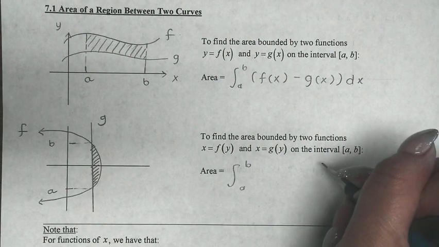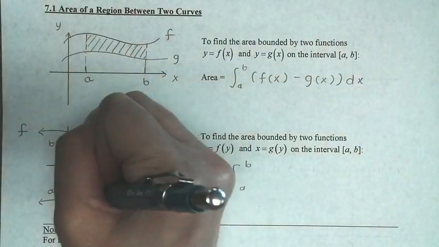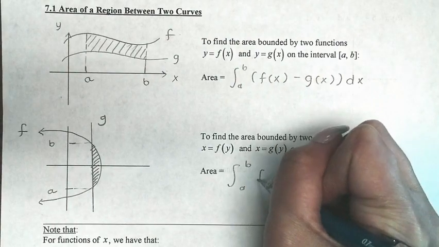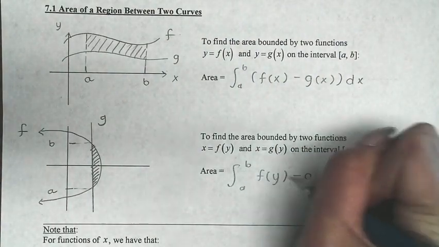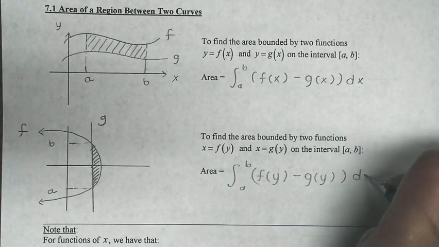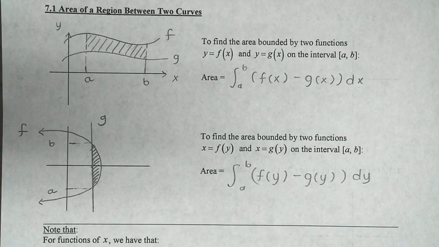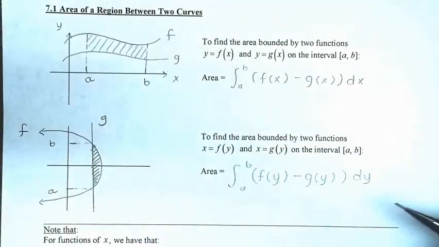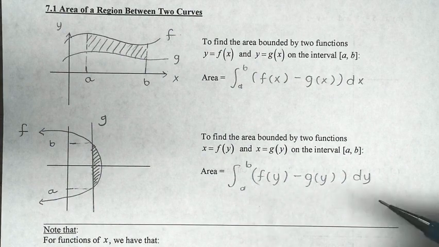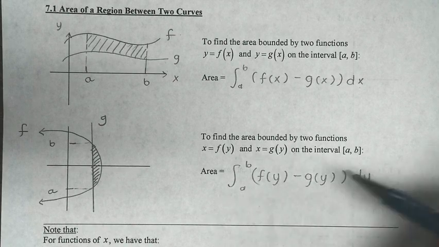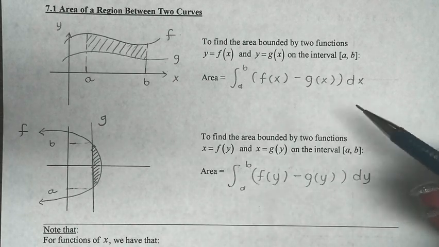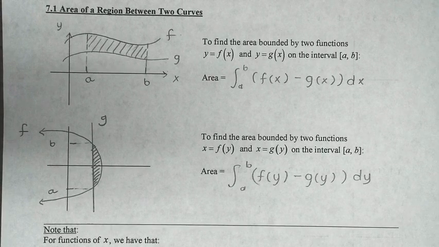It's going to be f, the parabolic situation there, so it's going to be f of y minus g of y, and this integral is going to be dy. So you can see the difference here and here. It depends on the situation, basically the variable that you are going to pick for your convenience. You can have both cases.